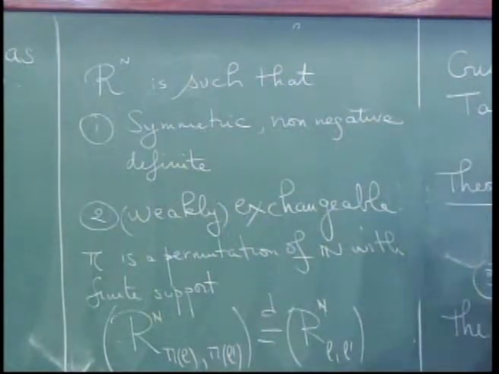Right? So I have this weakly exchangeable, let's forget weakly, this exchangeable array of matrices which are symmetric, non-negative definite. Note that the two conditions here, 1 and 2, in fact only depend on the finite dimensional distribution of this infinite thing. Right? I have this object.